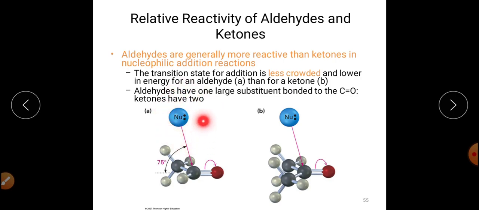This is the nucleophile which is going to attack on this carbonyl carbon at an angle 75 degree. This is the axis, and to this axis this particular angle is 75 degree. So we can say that this is a hydrogen, so here crowding is very less.